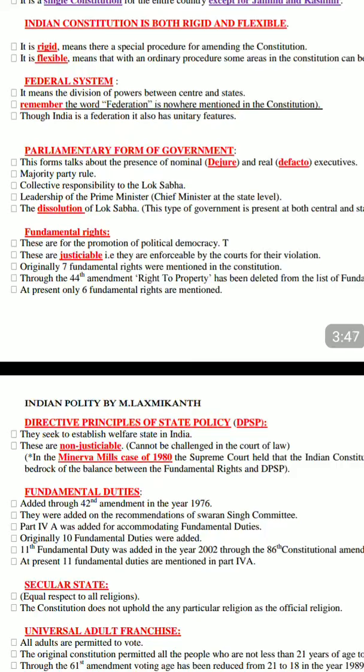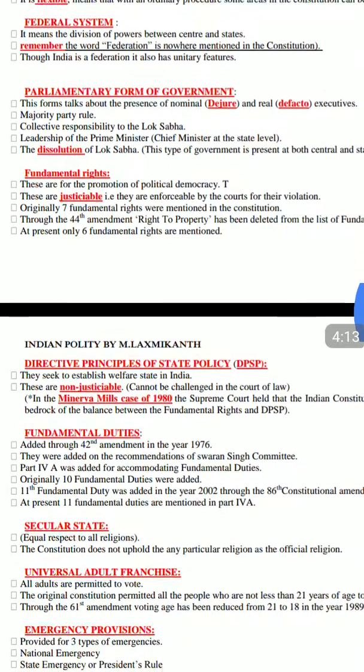There were earlier 8 fundamental rights, but the right to property was removed as a fundamental right and adjusted as a constitutional right. So originally 7 fundamental rights were mentioned in the constitution, but through the 44th amendment, the right to property was deleted from the list of fundamental rights. Now only six fundamental rights are mentioned.